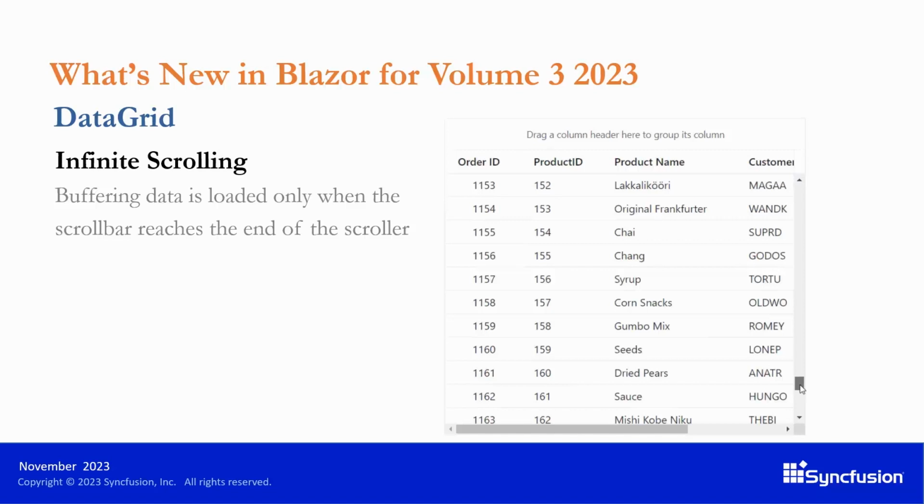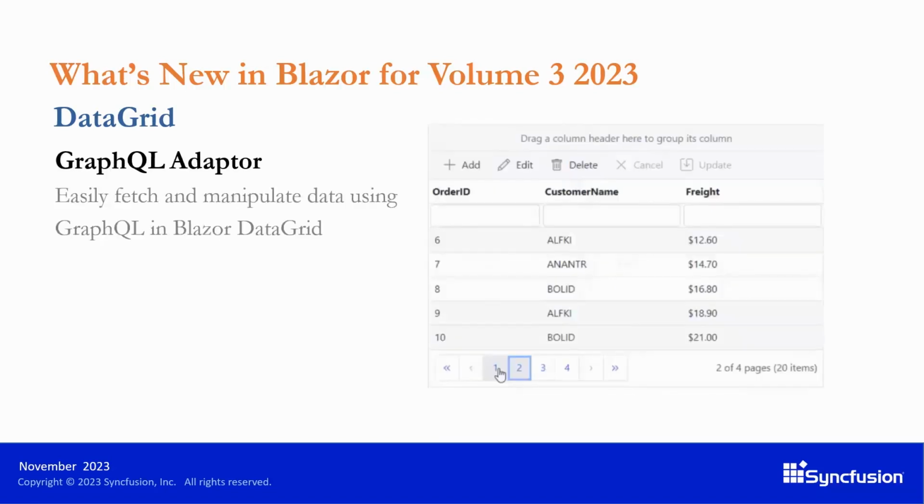By including this infinite scrolling feature, you can improve the grid performance. Additionally, we have also introduced a new adapter called GraphQL, allowing easy data fetching and manipulation using the adapter.